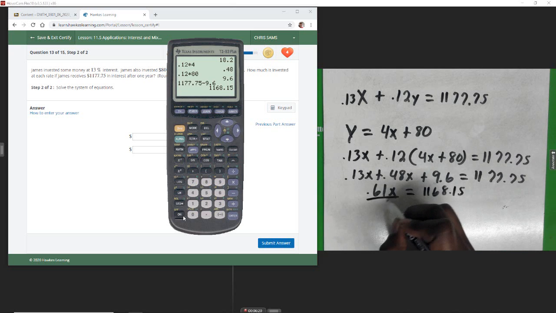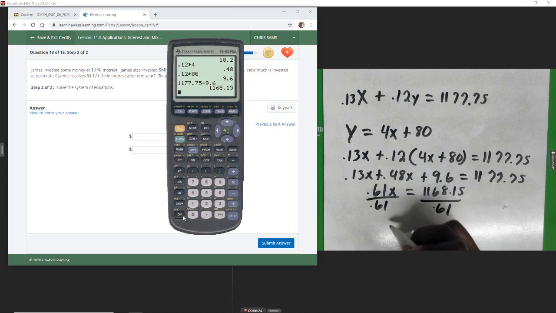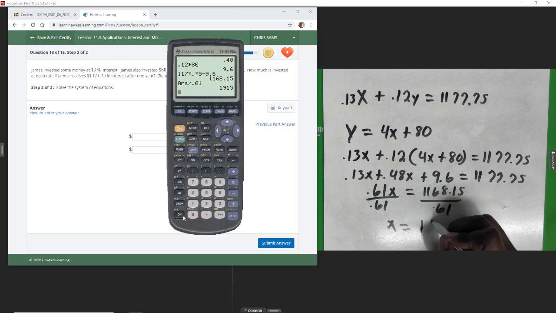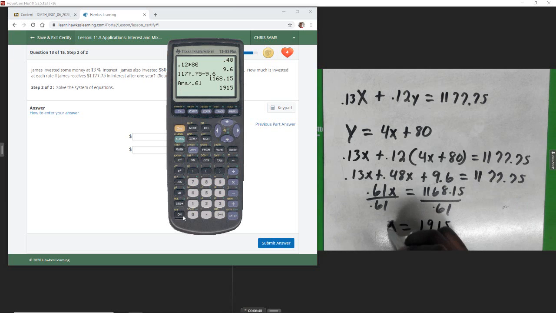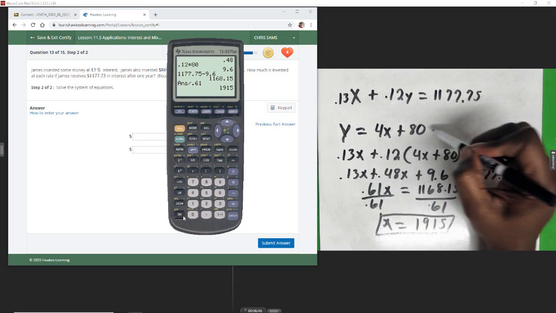All right, divide by 0.61. So this 1168.15 we're going to divide by 0.61. Gives us 1915. So x is equal to 1915. Now we just got to plug that in here.